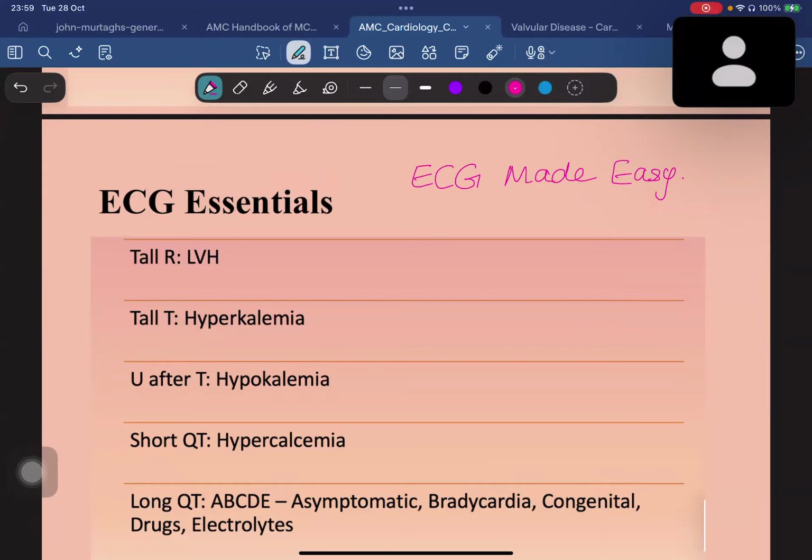I think I mentioned this in my orientation program as well. There's a book called 100 Cases in Ethics, and it has been the best book and the main source for studying ethics for AMC exams. Likewise, this ECG Made Easy book should come in handy when you're preparing for cardiology.